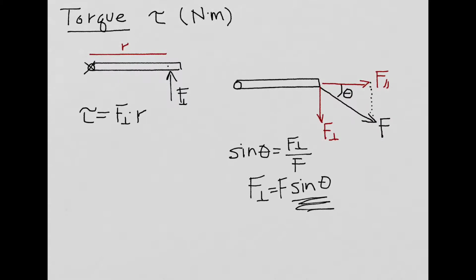In this class we won't use it, but there's also another form that, if you look at the geometry of it, is the same as the force times the component of r that is perpendicular. We won't use this in our class, but it's something that might be useful to know.